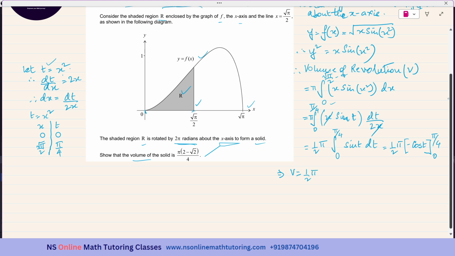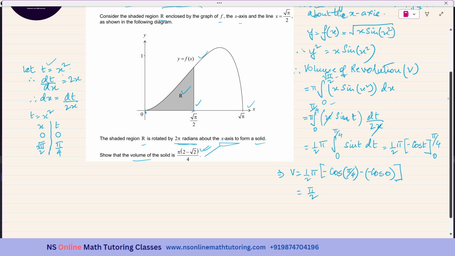It is negative cos pi over 4 minus, cos minus of minus, I mean cos 0. Okay. So this is equal to pi over 2, and cos pi over 4 is 1 over root 2 or root 2 over 2, because I'm having a root 2 in the numerator.